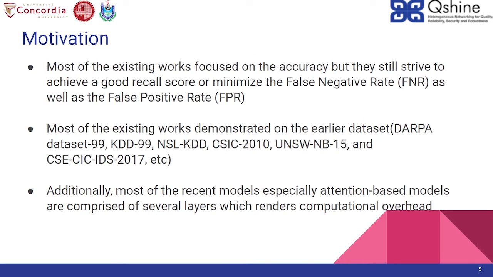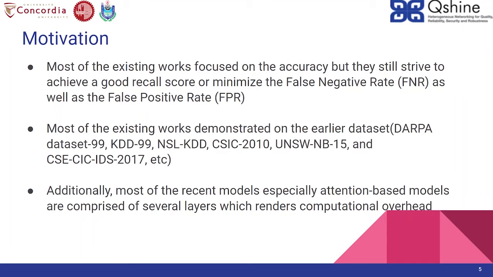There are a lot of existing works in the literature, but most of them focused on accuracy, and they still strive to achieve a good recall score or minimize the false negative rate, as well as the false positive rate.